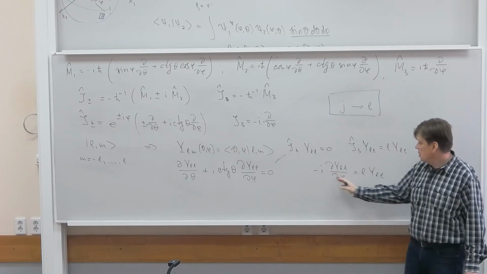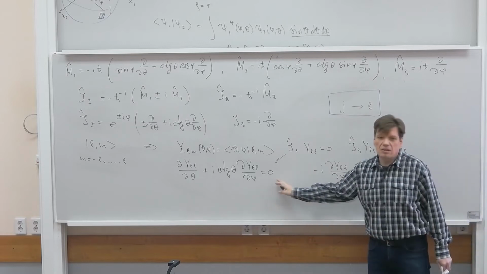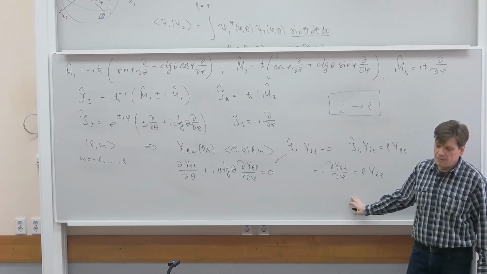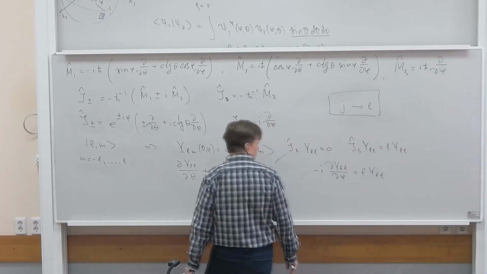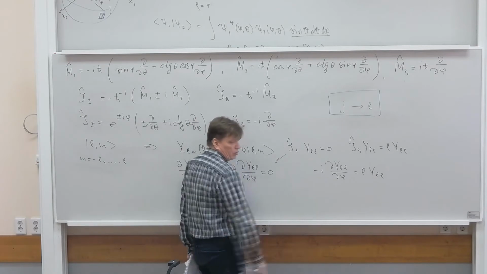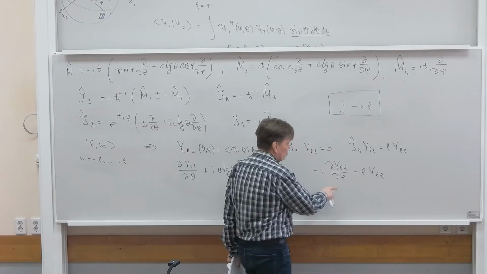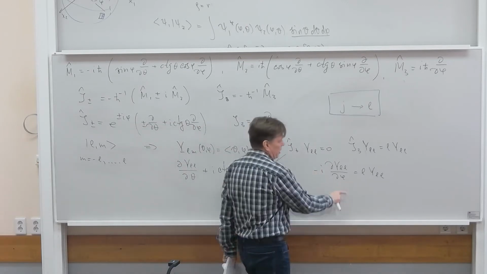Okay, which of these two equations looks simpler? This or that? What do you see? Which is simpler? I suppose the right one. So let us start to solve this system from the right equation.